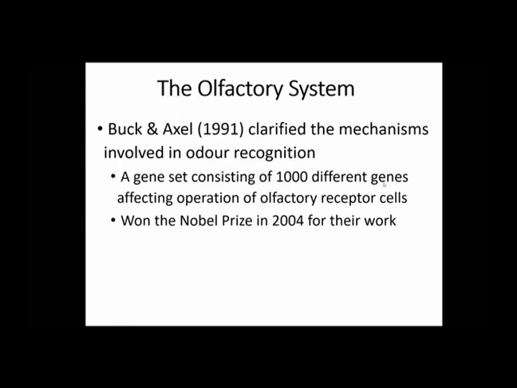A gene set is basically a whole string along one of our chromosomes, a whole set of genes back to back to back that are all involved in our sense of smell. These were helping code for different types of receptors that allow us to bind to different smells. And for this discovery of which genes were involved, where they're involved, and some of the mechanism of how they work, these guys won a Nobel Prize back in 2004.